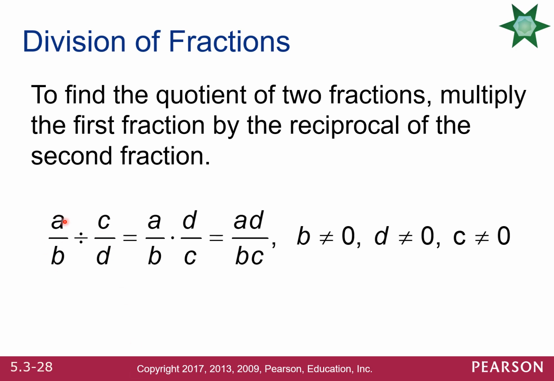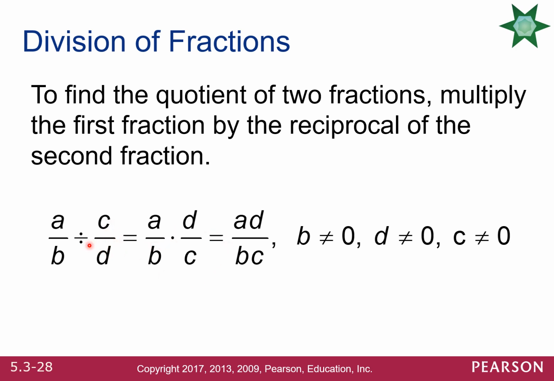If the first fraction is a over b divided by c over d, then the first fraction stays the same, a over b, but we flip the numerator and denominator of the second fraction, and we multiply.